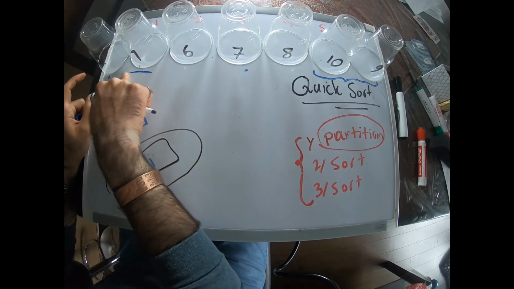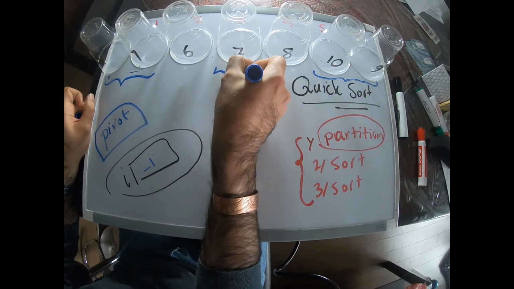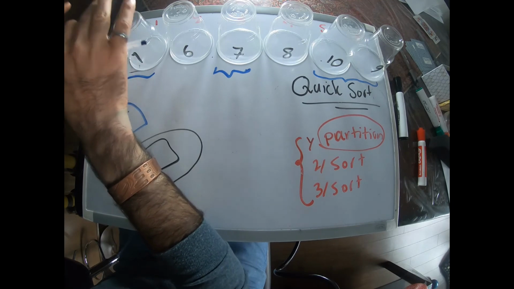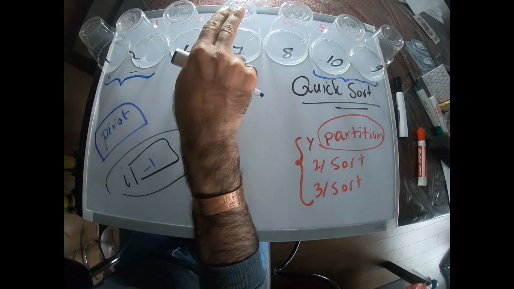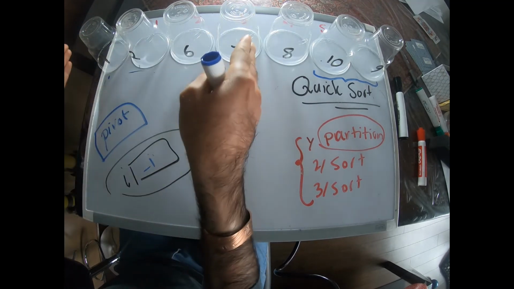So now again, this sub-array and this sub-array. Okay, so again, I'm going to do the same thing here. This one would be moving here, and this one, there's just one element, nothing here. So now this sub-array is sorted.